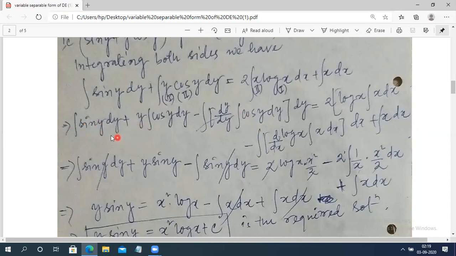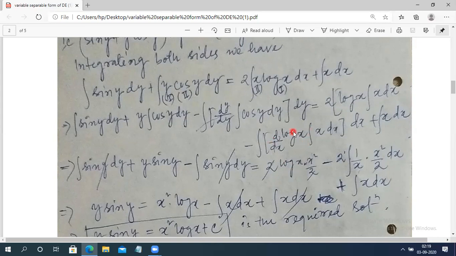So these two terms will get cancelled out. And here you can see that if we integrate x, it will give x square by 2, and that 2 will get cancelled with this 2, so it will be only log x times x square.